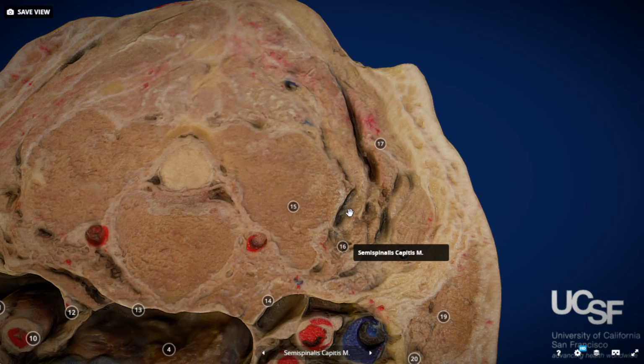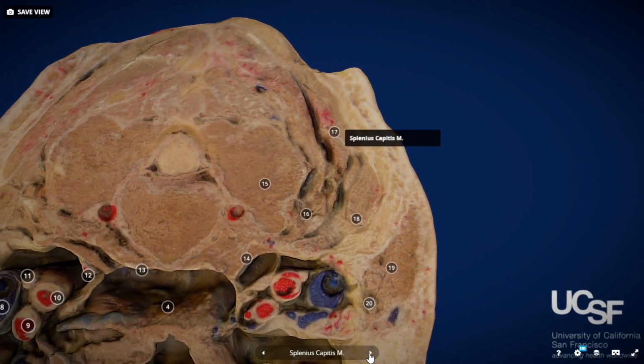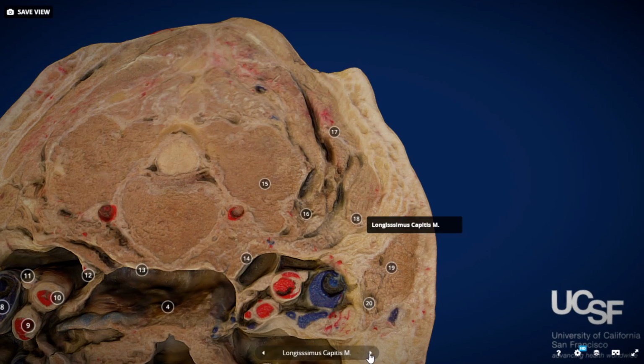One of the muscles that we explored before, during the muscles associated with the spine, is the semispinalis capitis that we mentioned lies at a deep layer. The splenius capitis muscle and the longissimus capitis muscle lie more superficially.